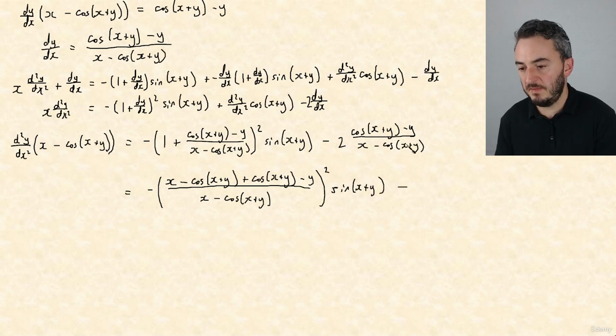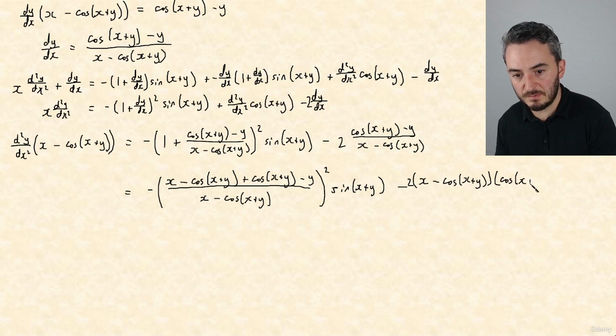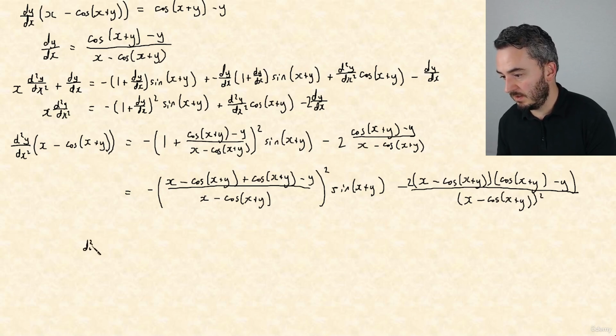And then over here, I think we would like a common denominator of (x minus cos(x+y)) squared. So I can just multiply the top by x minus cos(x+y). There's a 2 there as well. And then it's a cos(x+y) minus y. And all of that is now over the denominator which we ultimately want, which is (x minus cos(x+y)) all squared. So we're basically there, d²y/dx².